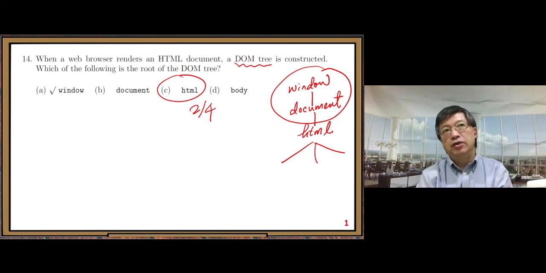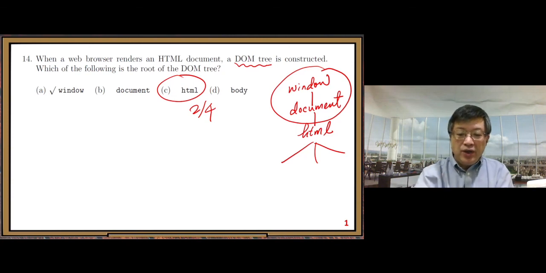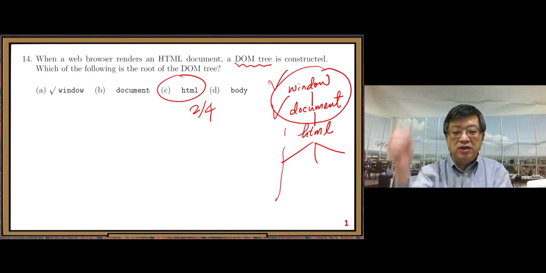Remember there is one special thing we talked about, registering event handling functions in JavaScript. When we use this DOM tree model, we need to consider window, document, and all these things.